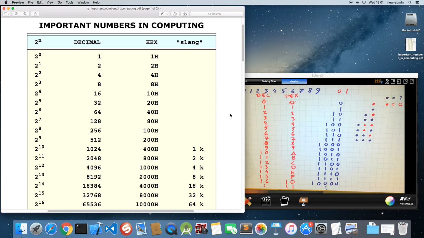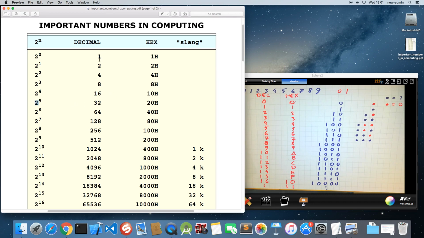So when this binary system is so important in the world of computers, also the number 2 raised to the powers of something is very important. For instance, you can see that here 2 to the power of 4 is 16, and 2 to the power of 5 is 32.